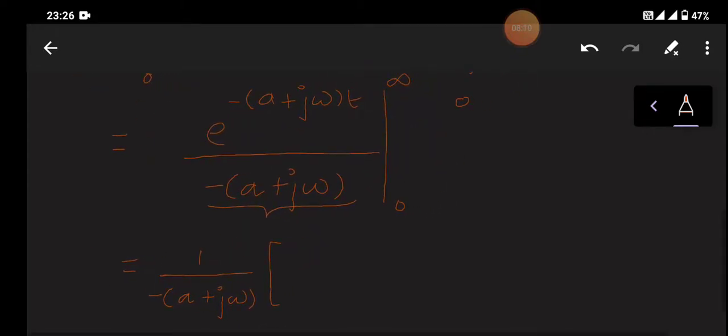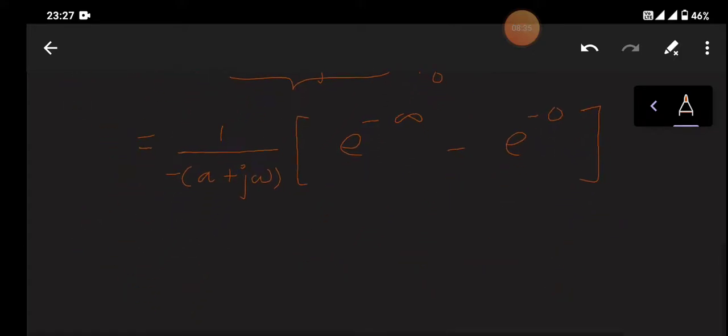So we can put the limits now. First, infinity replaces t, so it becomes e to the power minus infinity inside the bracket, minus the lower limit: when we put 0 in place of t, it becomes e to the power minus 0, or e to the power 0.